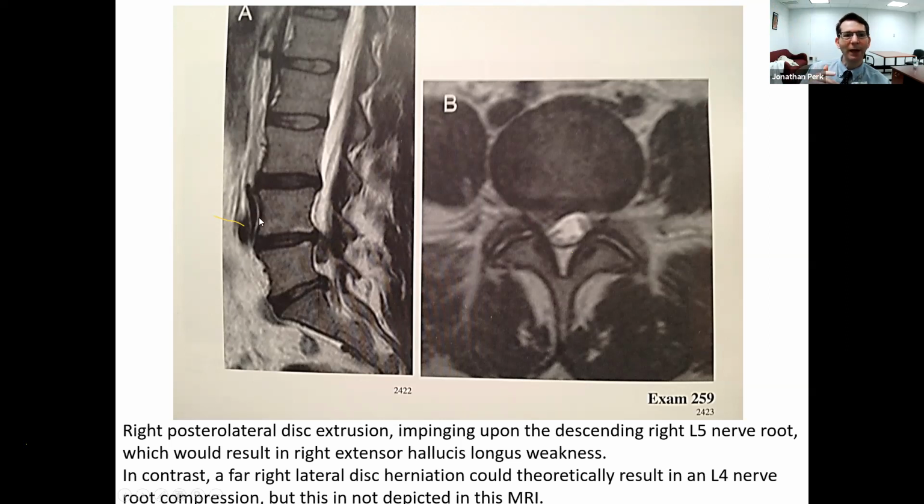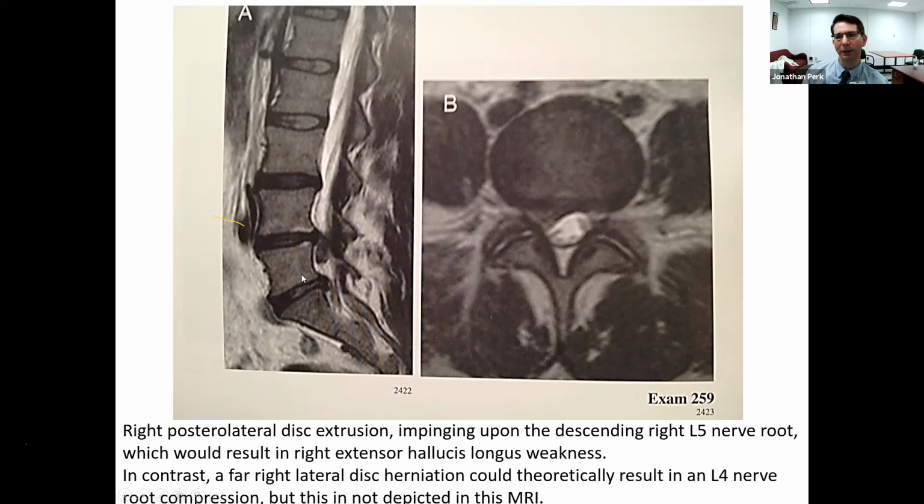So remember, if you have an L4, L5 disc, and it's the medial type of disc, it will hit the second number, okay? If we had an axial MRI of the L5-S1 level and it was also a medial herniation, it would have been an S1 root.